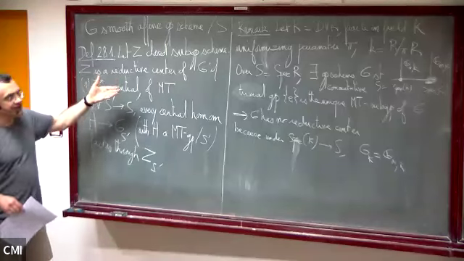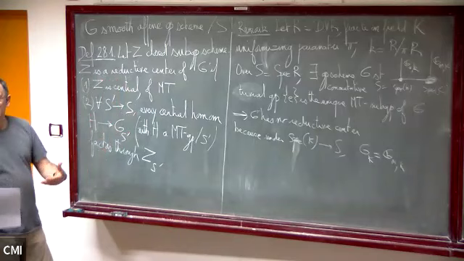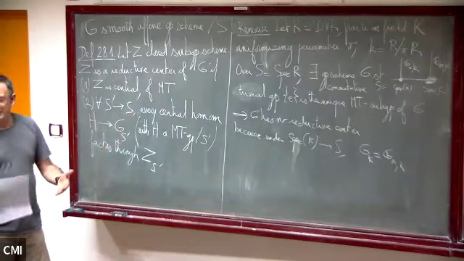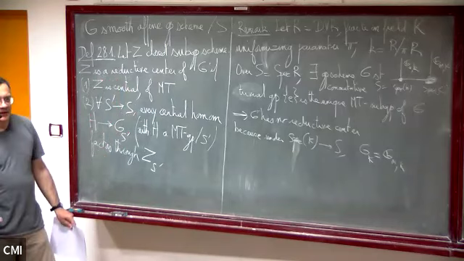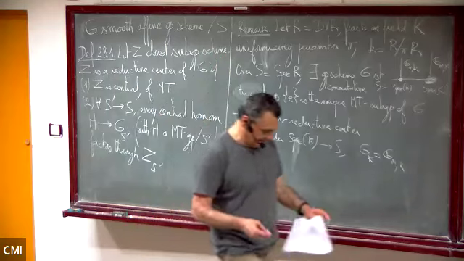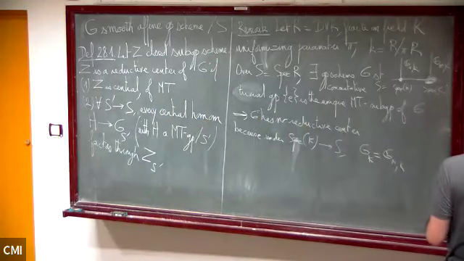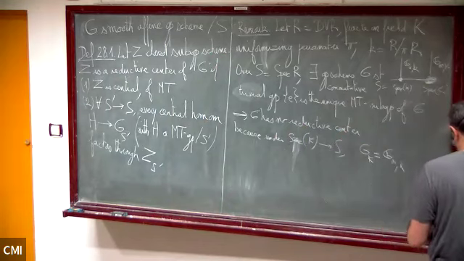So the existence of a reductive center is tailored to be a good notion for reductive groups, or at least groups where the reductive rank is a locally constant function on the base. Okay, so this is the first point.